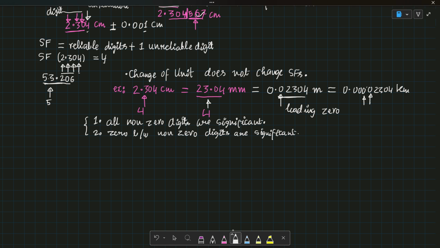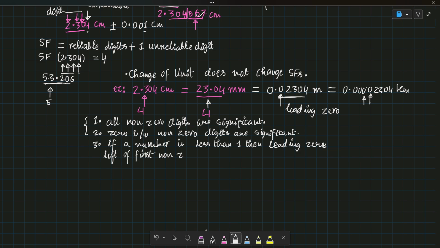So the third rule is that if a number is less than 1, then leading zeros, to the left of the first non-zero digit and to the right of the decimal point, are not significant.